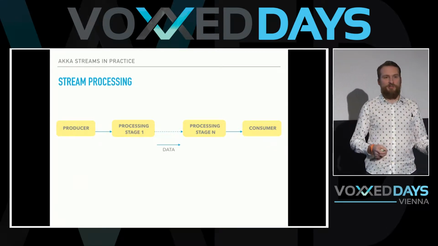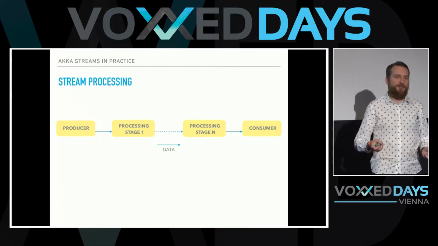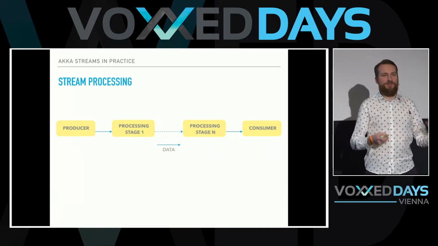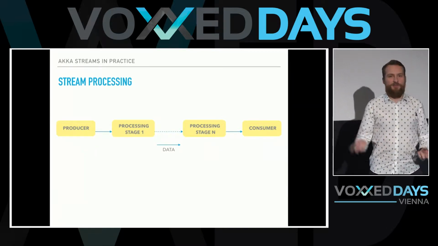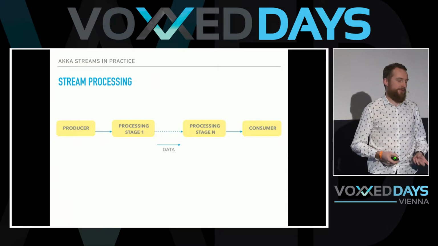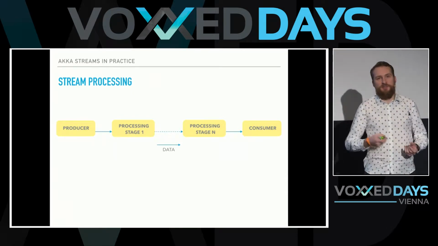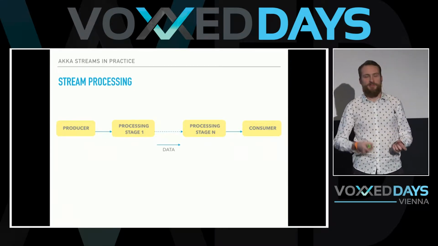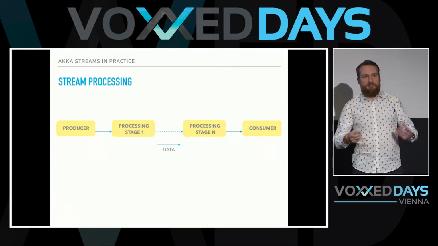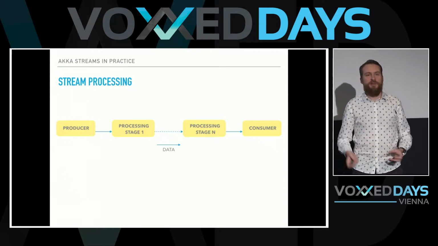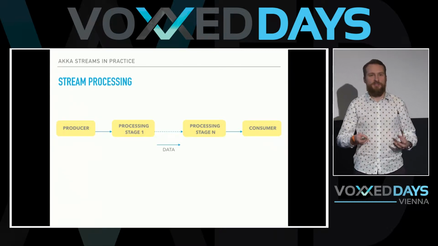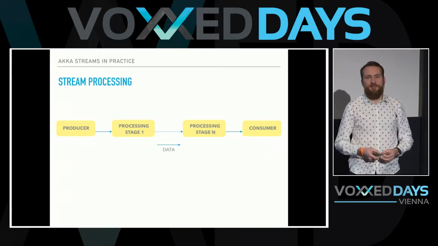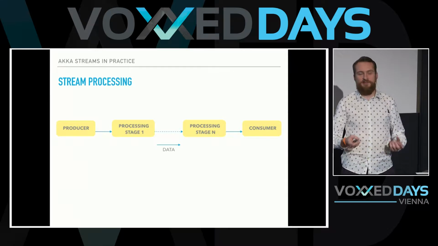If you have a slow producer and a fast consumer, there is actually no problem, because the consumer will never be flooded by data. The producer will produce the data slowly, and the consumer will be capable of processing everything on time. But if you imagine the situation the other way around, when the producer is really fast and the consumer is really slow, it can happen that the consumer will be flooded by data. It can get much more than it's actually able to process. Well, and perhaps it would somehow fail in this situation.